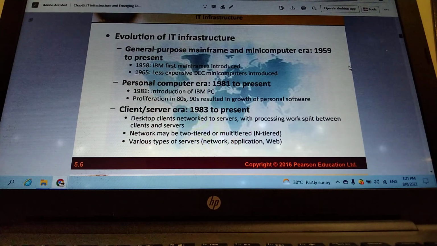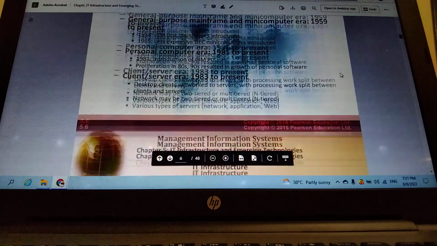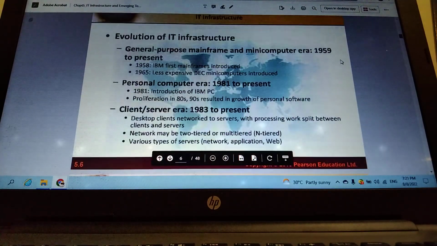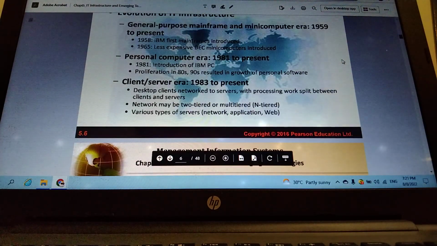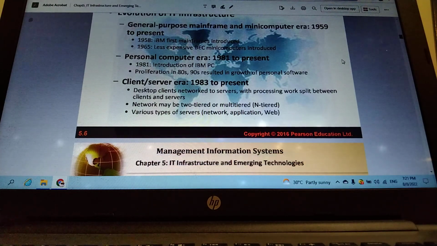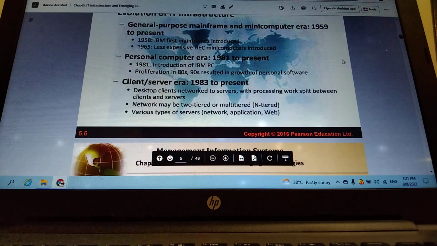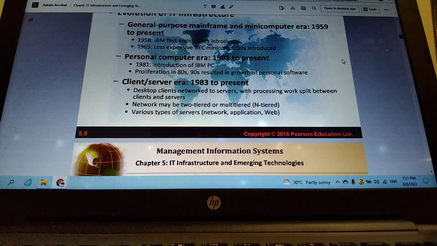And then in 1983 to present, there was a new technology, what we call the client server era, where we see desktop clients connected to servers, and processing capabilities are split between client and server.